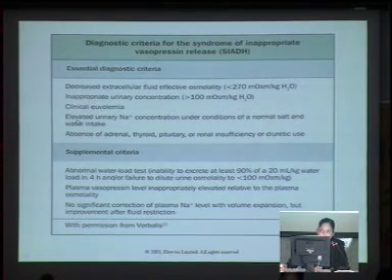And most of the time the patient would have urine sodium that's high, but not always. And you have to exclude all this: absence of adrenal, thyroid, pituitary, renal insufficiency, or diuretic use. And most of the time when you measure the serum uric acid, it would be low because it represents the volume status.